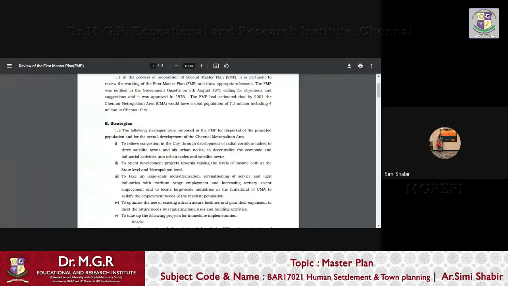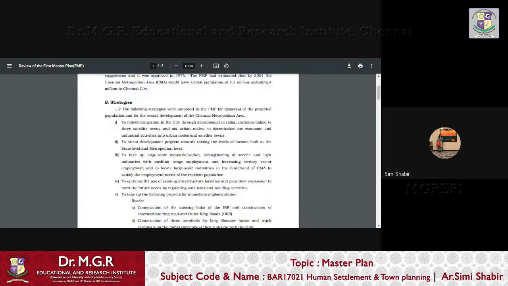There was another clause that was set up to take up large scale industrialization, strengthening of service and light industries with medium range employment, and increasing tertiary sector employment, and also to locate large scale industries in the hinterland of CMA to satisfy the employment needs of the resident population. So there was a focus on that.